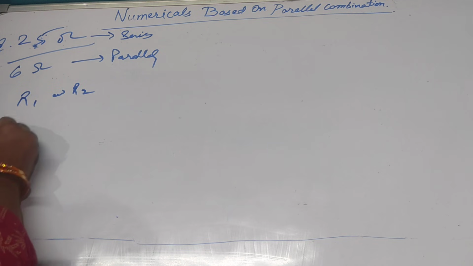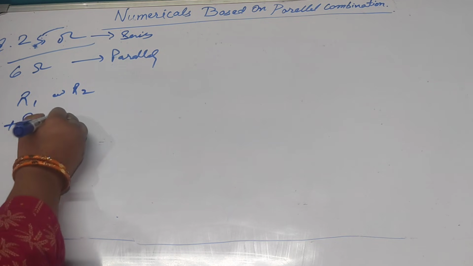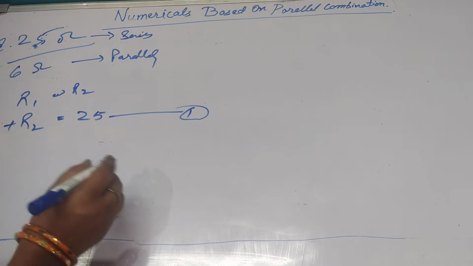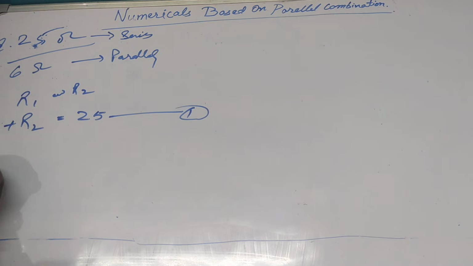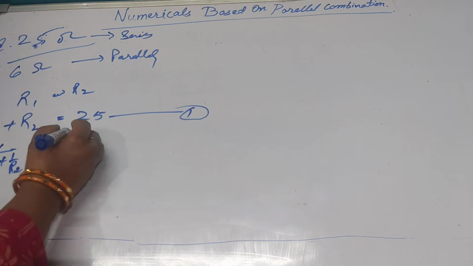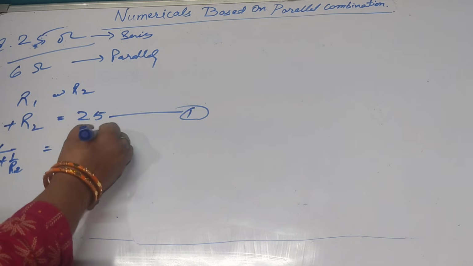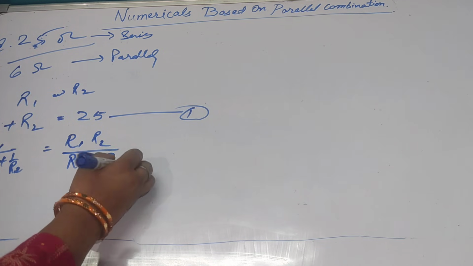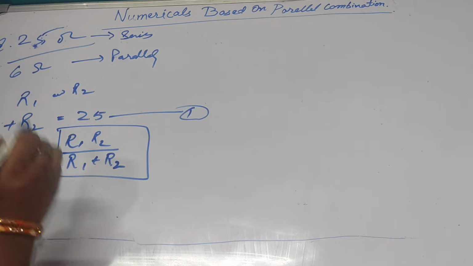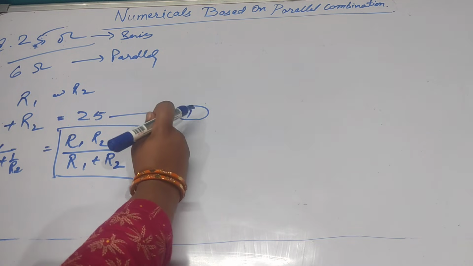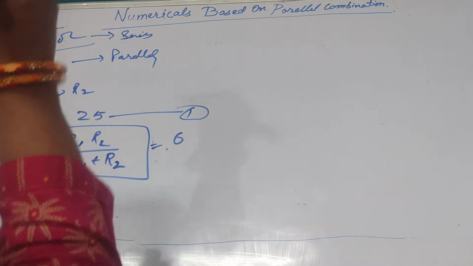See, solve it by making it as equations. This is that formula for direct parallel. Okay, just put value. No, you can't put value, you can only write 6 ohm over here.